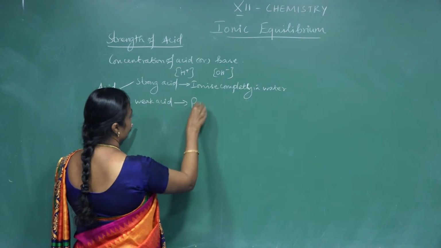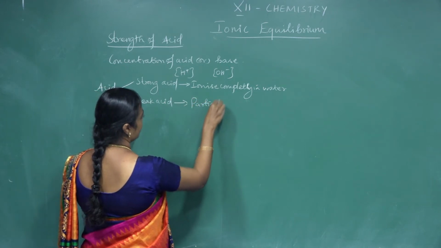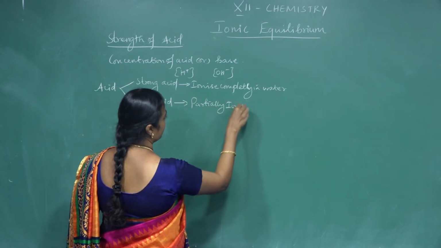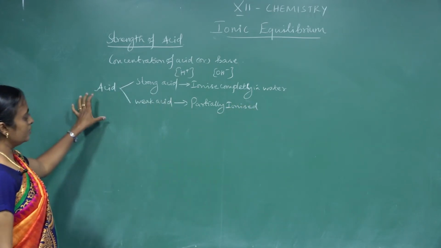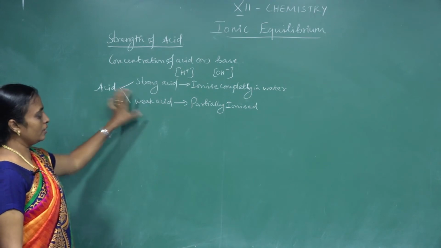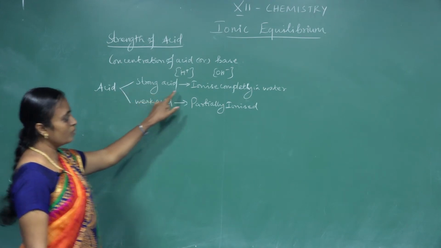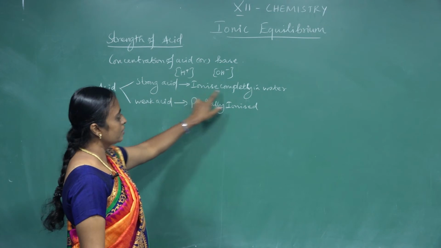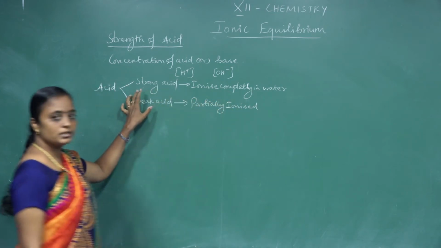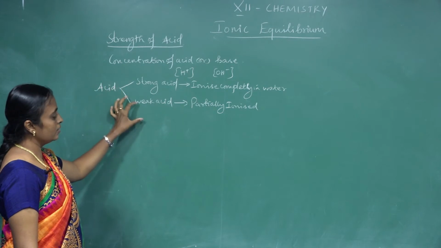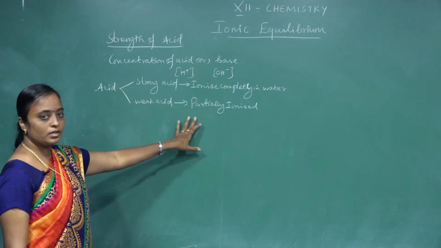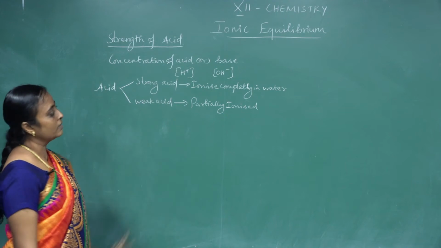That is partially ionized. So strong acid means whenever you dissolve any acid in water, if it ionizes completely in water, it is named a strong acid. If you take a weak acid, it is partially ionized in water, and that is given the name weak acid.